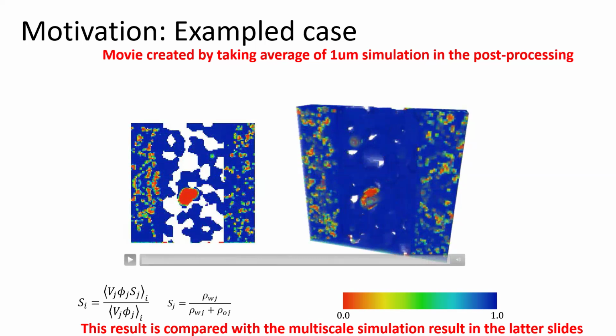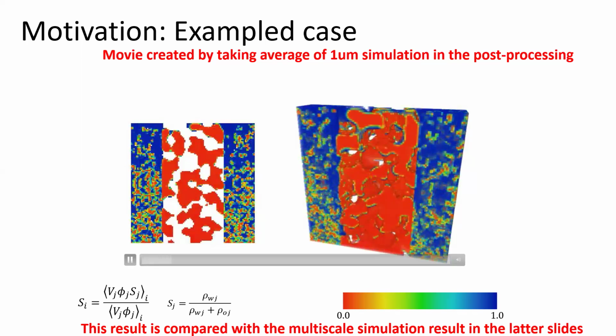So that's this result. Now we have a lot of irreducible oil component here that we need to capture. This is the result which we should compare with using the multi-scale model.